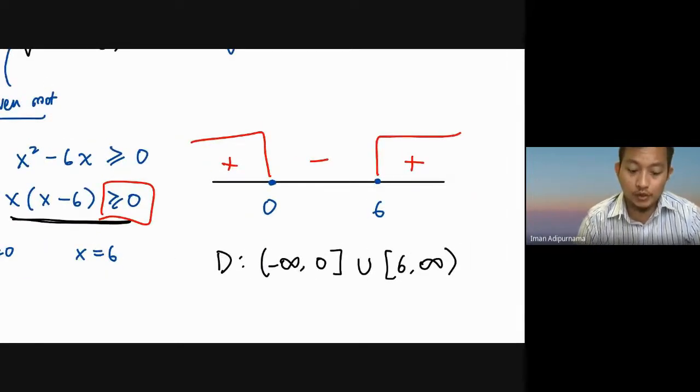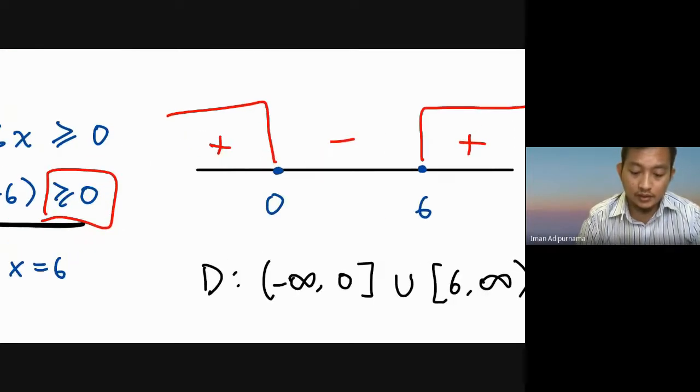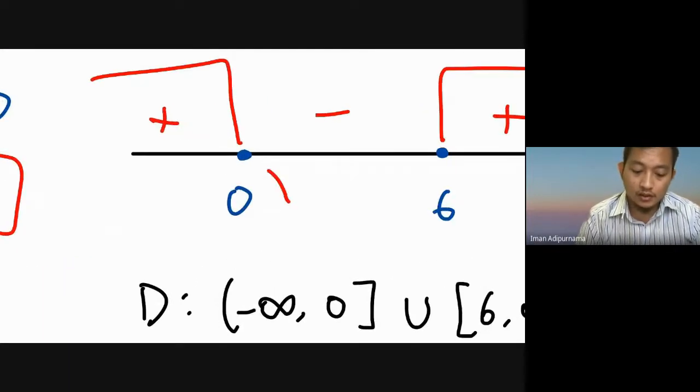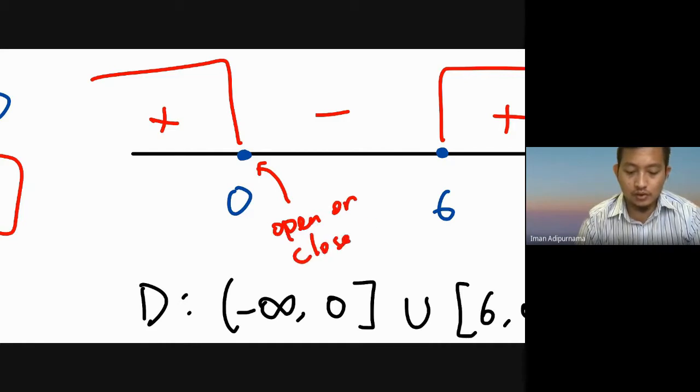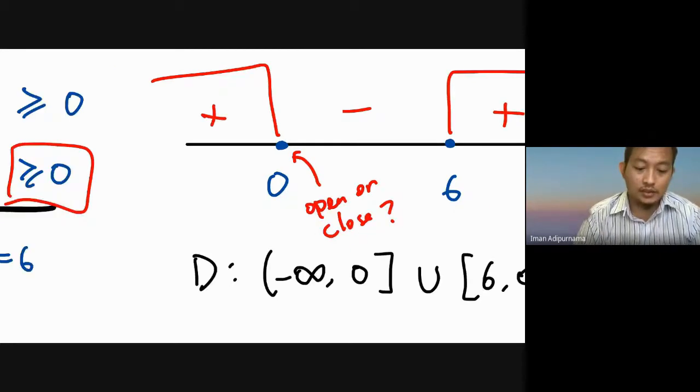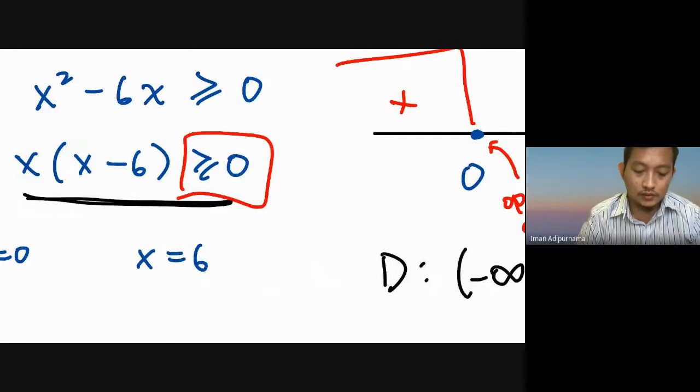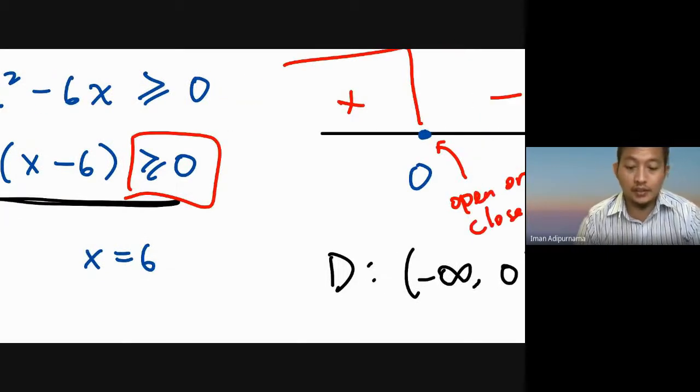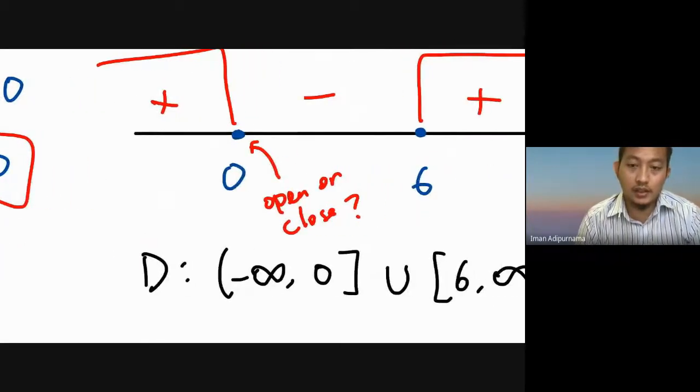You need to find the positive parts, or at least making it 0. And then you need to know whether the point is included or not, open or closed. So when you have greater or equal, at least you need to include this point, 0, and also 6.